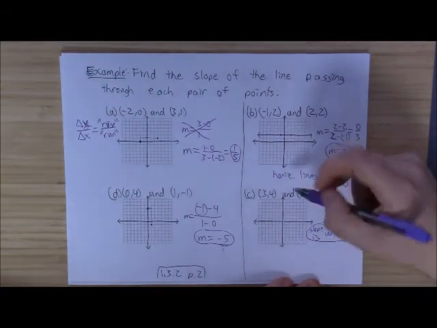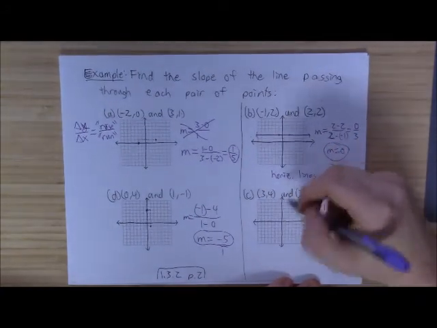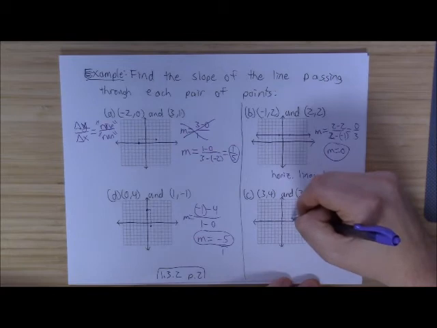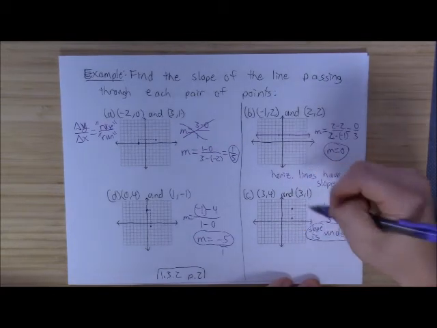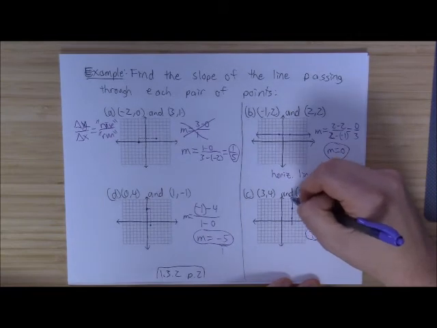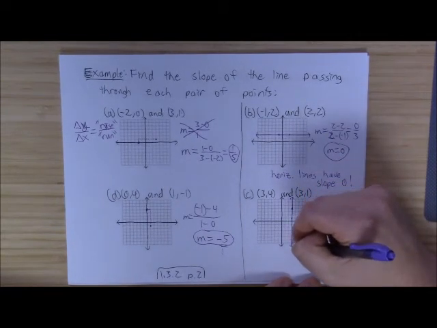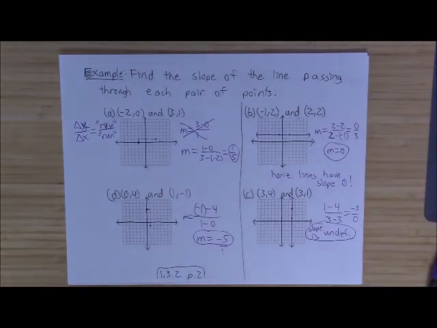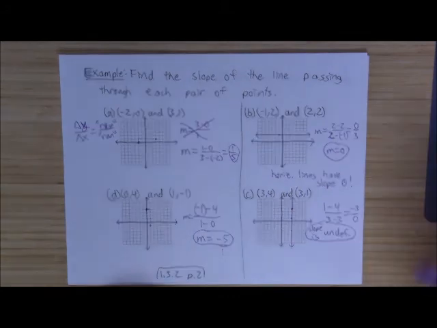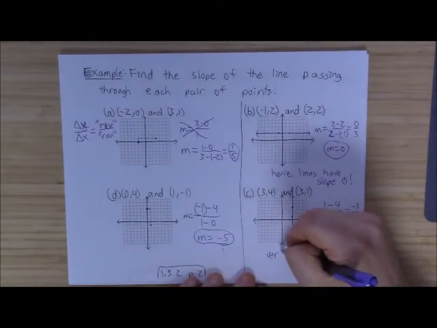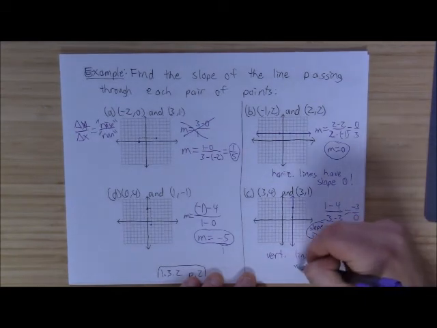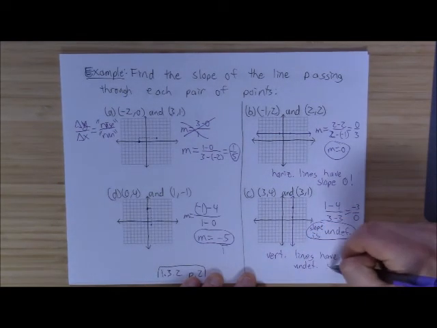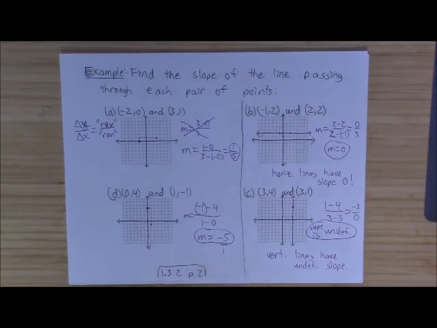Is this line vertical? Of course it is, because it has the same x-coordinate, 3, and the line between 3, 1 and 3, 4 is indeed vertical. So vertical lines have undefined slope.